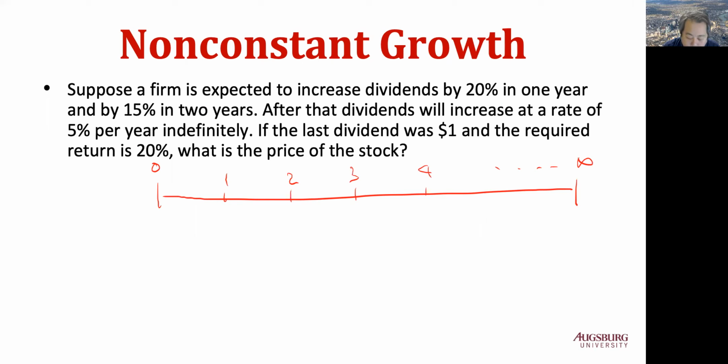So first year, 20% increase. Second year, 15% increase. And then 5% increase forever. So from year 2, we have a constant growth rate, which means that we can divide this problem into 2.